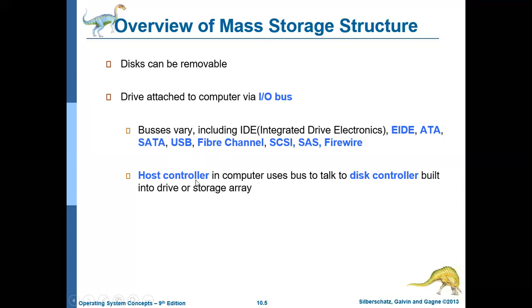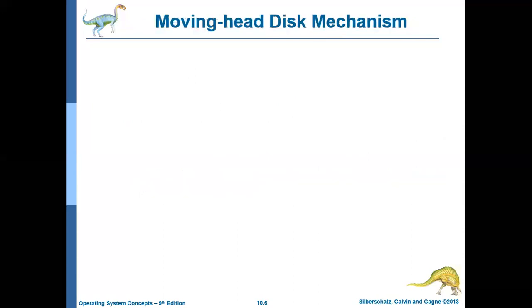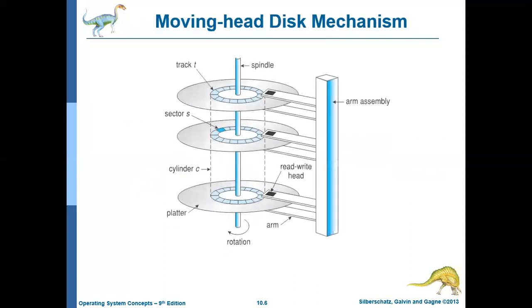The host controller in the computer uses the bus, in the sense the communication channels, to talk with the disk controller. That is how the communication happens between the CPU and the disk drive, and that is how the data gets transferred from the memory of the computer to the disk drive, or from the disk drive to the memory.